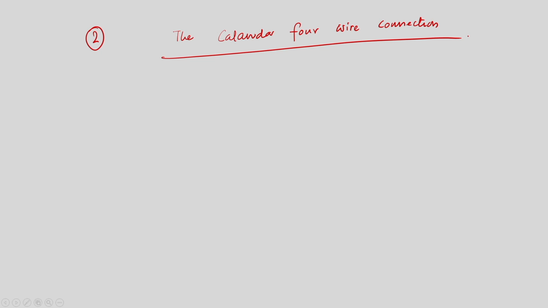Again we need to know the schematic. After drawing the schematic we will try to explain. So let me draw the schematic.